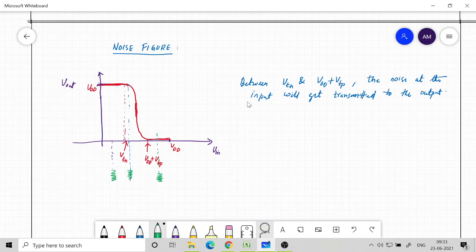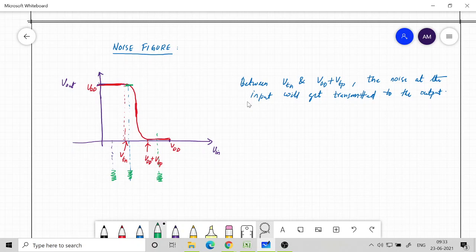So again, like before, what will happen? There is going to be a slight variation like this, but the effect is not as big as the input. The output will have a relatively lesser variation, because you see the slope is really less.